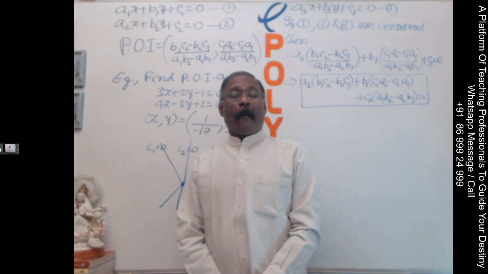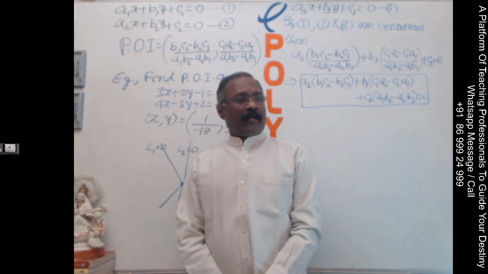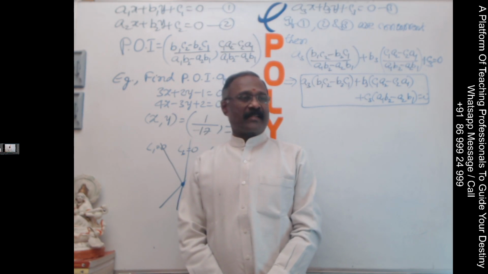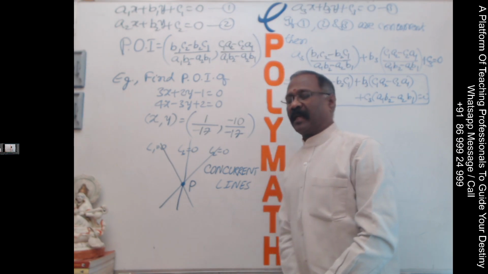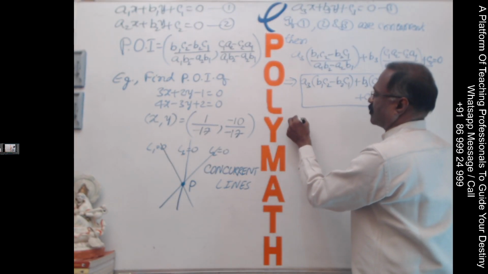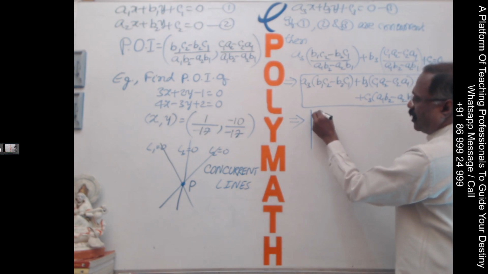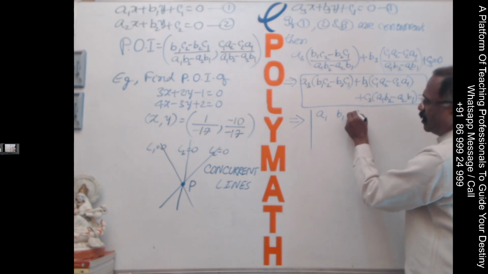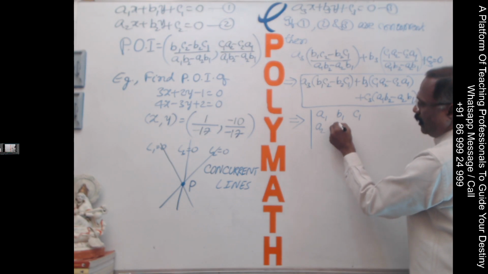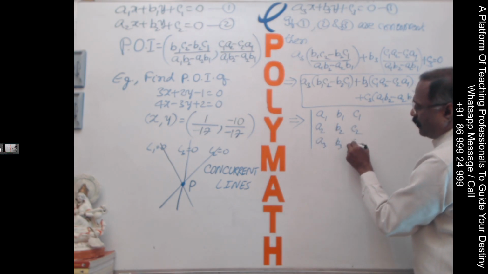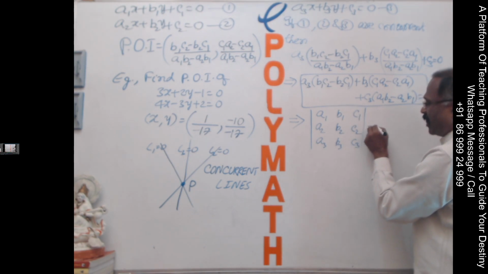Now what the mathematician observed is that, if the condition is properly seen, it is nothing but the expansion of the determinant. This is like this: the determinant of A1, B1, C1, A2, B2, C2, A3, B3, C3 is equal to 0.